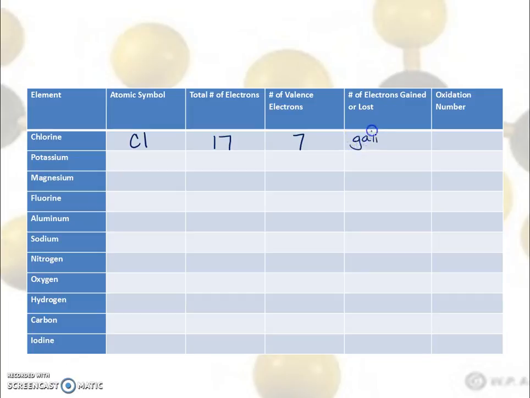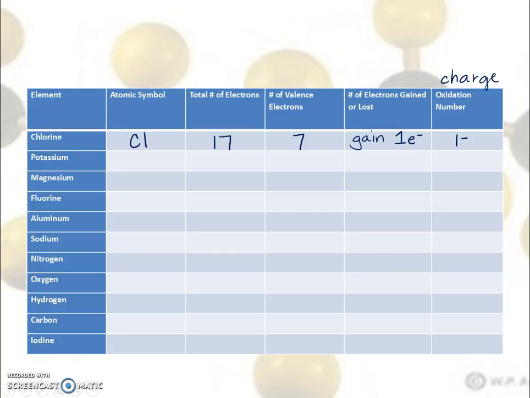If it took on 1 electron, it would have an oxidation number, or a charge, of -1. We went through that ion POGL together, and it showed you how to look at the periodic table to determine the charges. We'll do some more practice so that it becomes second nature.